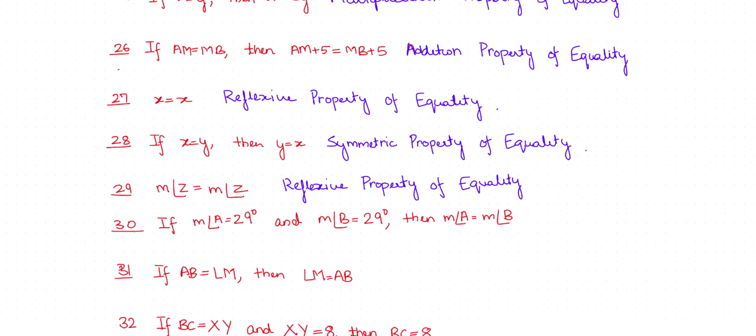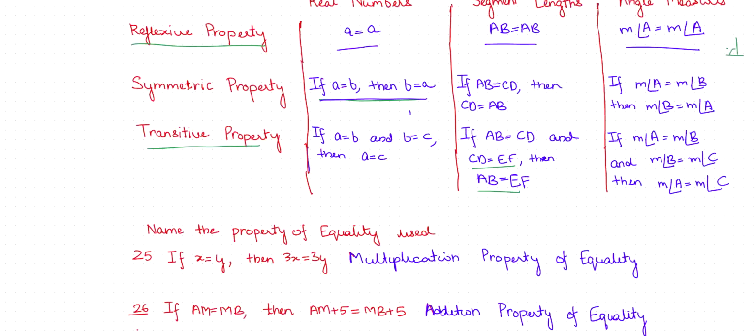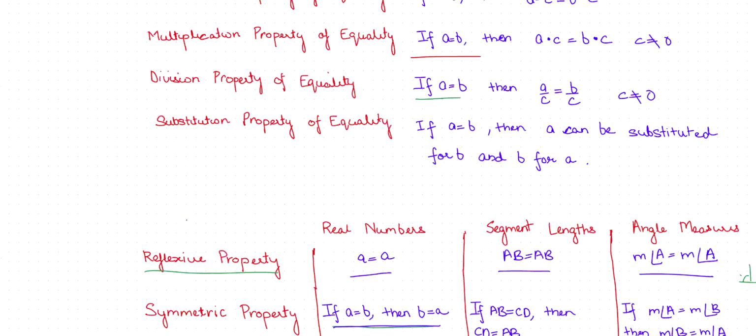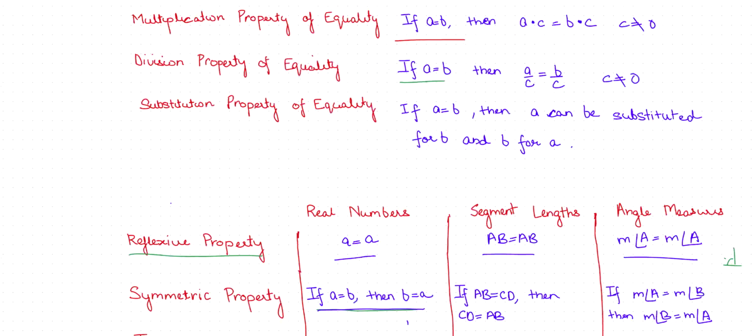We substitute A is equal to 29 degrees and B is equal to 29 degrees. If A is equal to B, then A can be substituted for B and B for A. So this is substitution property of equality.